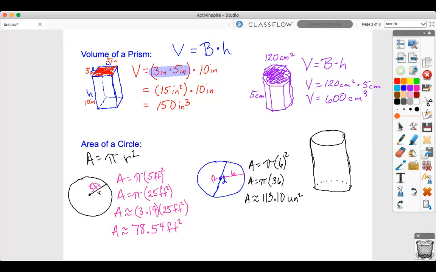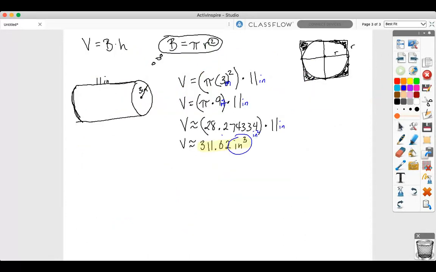See, inches times inches gives you inches squared, times another inches is inches cubed. Same thing when we did centimeters. It's centimeters squared times centimeters is centimeters to the 3rd. Okay, same kind of deal. And so for the next one, I'll put the labels in, and you'll see where it came from.